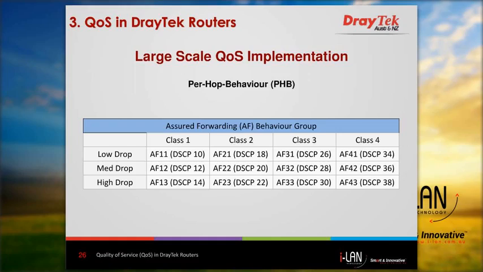And in the table you can see the assured forwarding defines 4 classes of delivery or forwarding classes and 3 levels of drop precedence in each of these classes. And these are the low drop, medium drop, and high drop. And the combination of classes and drop precedence gives us 12 separate DSCP encodings from AF11 to AF43.